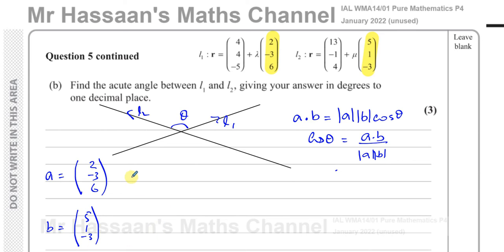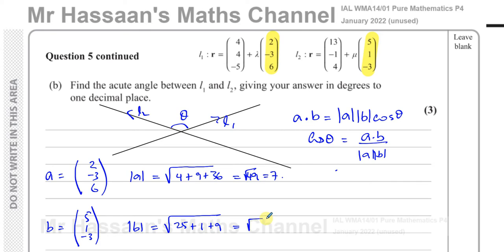So we need to find the magnitude of these vectors. The magnitude of vector A is 4 plus 9 plus 36, which is 49. The square root of 49 is 7. And the magnitude of vector B is 25 plus 1 plus 9, which is 35. So it's the root of 35.